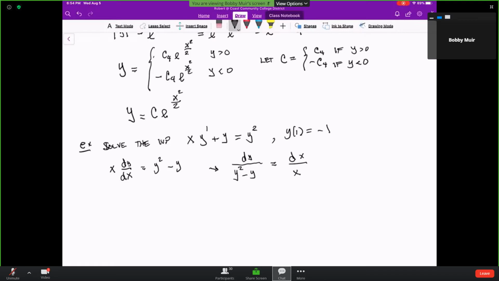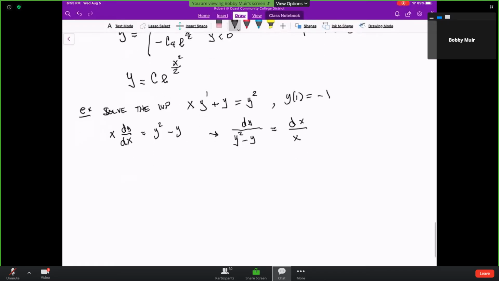Okay, now at this stage of the game, there are some restrictions. The y cannot be 0, nor can y equal 1. Okay. But up here, those restrictions weren't there, up in the original differential equation.